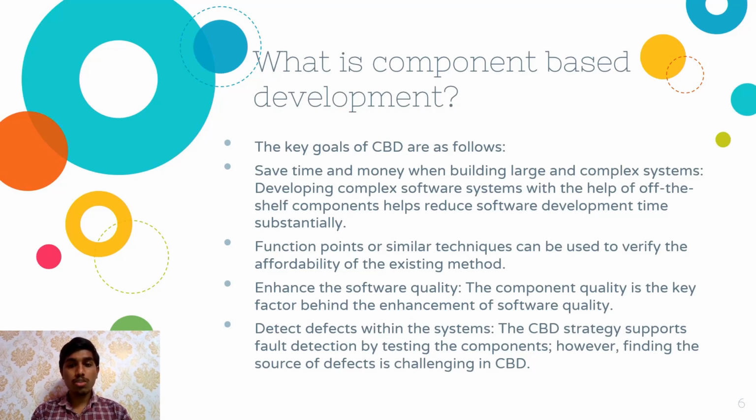Enhance the software quality. The component quality is the key factor behind the enhancement of software quality. Detect defects within the systems. The component-based development strategy supports fault detection by testing the components. However, finding the source of defects is challenging in component-based development.